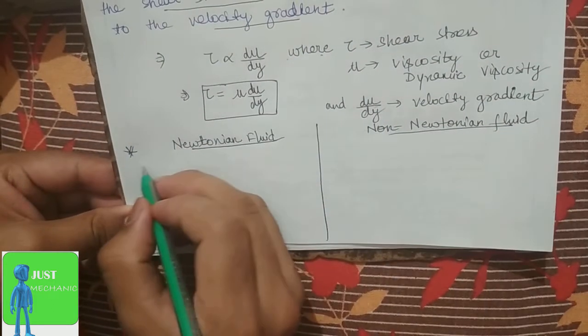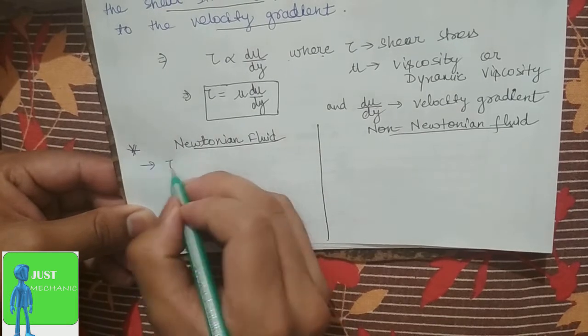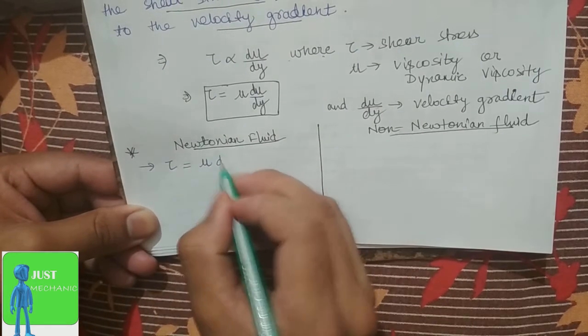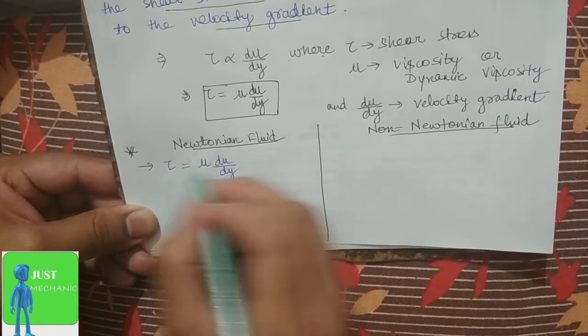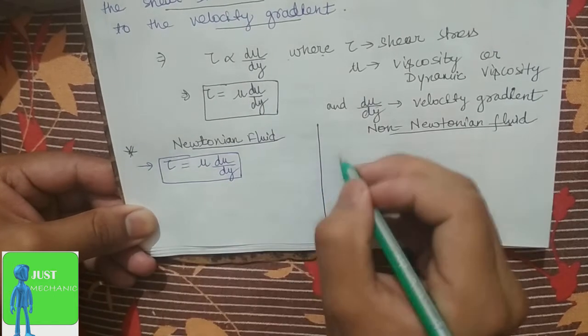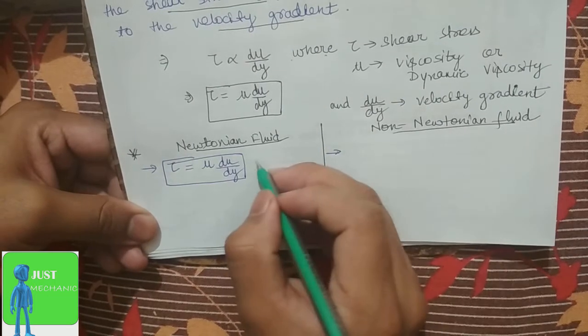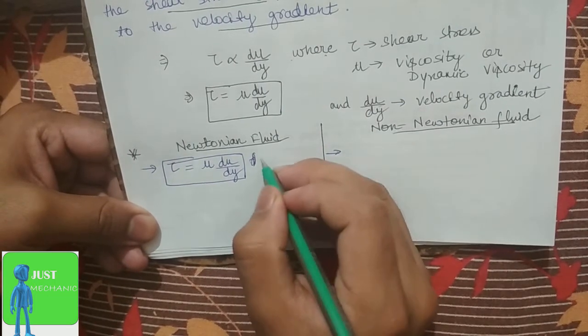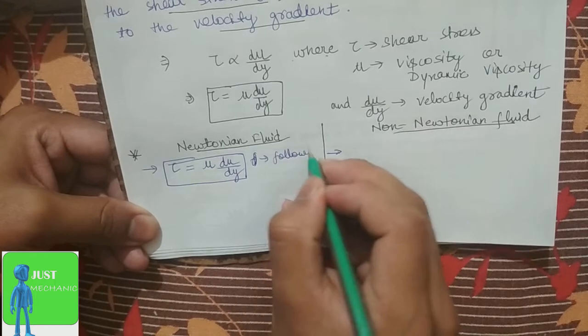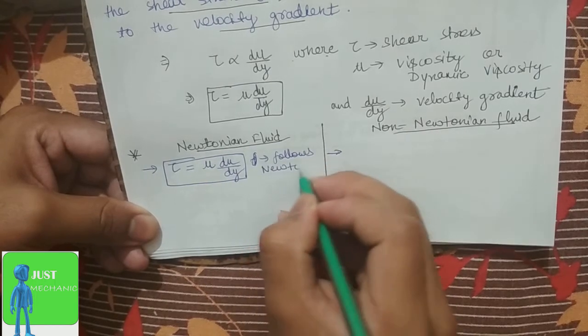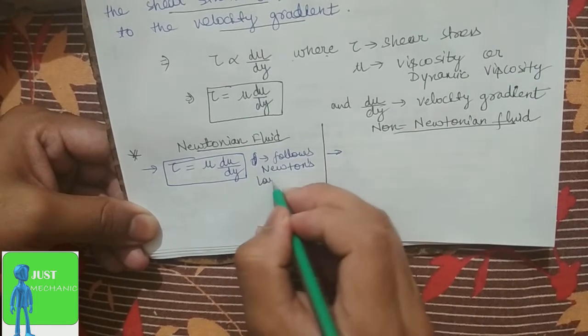First difference: for a Newtonian fluid, shear stress equals mu du divided by dy, and it follows Newton's law of viscosity.